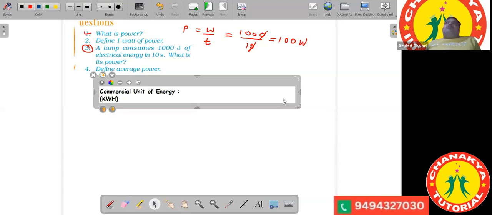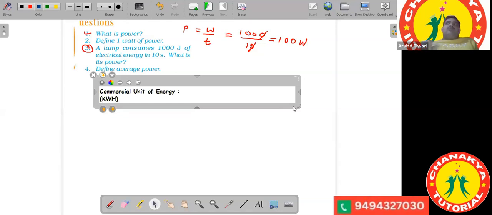So over there, we require a commercial unit of energy. Why do we require the commercial units? The non-commercial unit, which is the SI unit joule, is very small. If you are running just one bulb every day, then for 1 month, the energy consumed will be crores of joules.